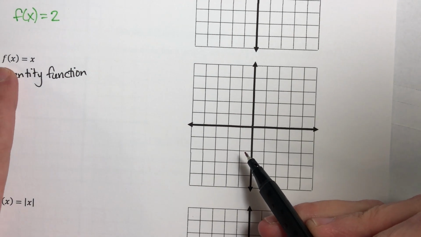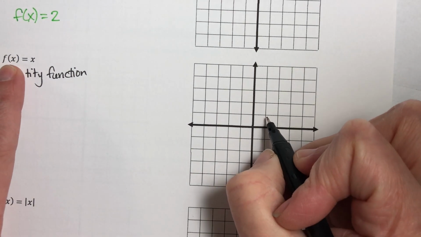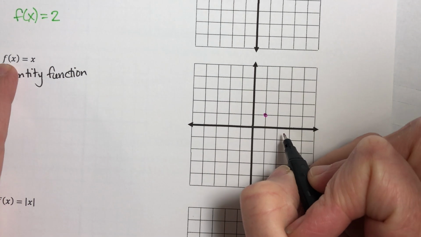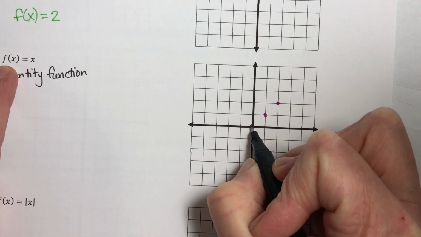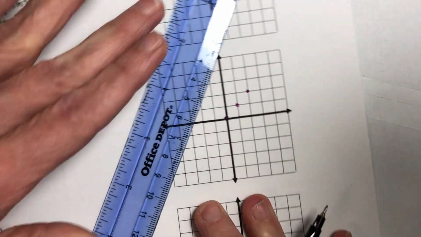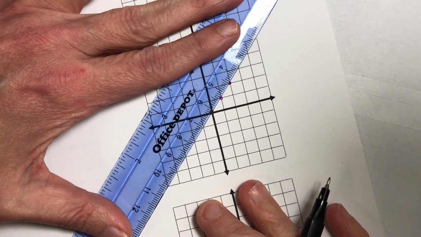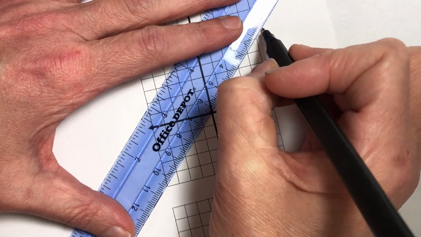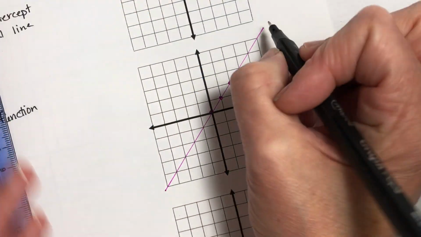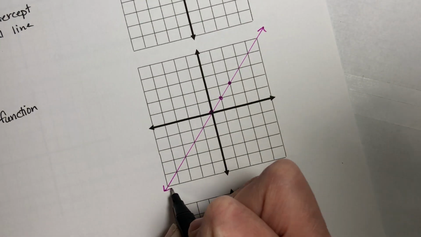Because think about plugging in some numbers here. If x is 1, y is 1. If x is 2, y is 2. If x is 0, y is 0. You can see what's happening there. It's the identity. So this line ends up being a diagonal line through the origin with slope of 1.